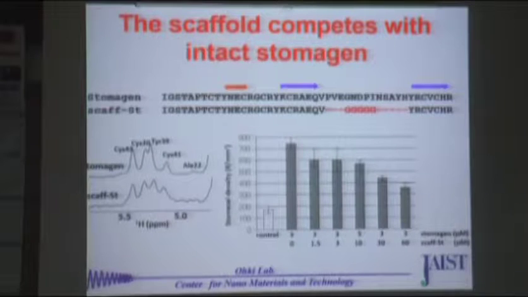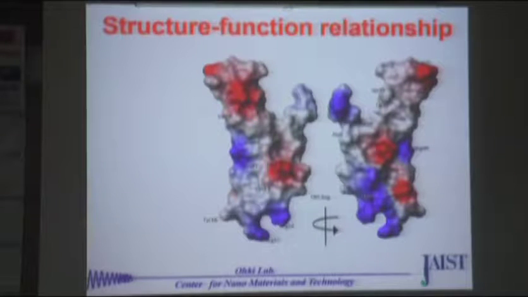What does this mean? The scaffold has some biological function to recognize the target. We think the binding constant is very weak, but the scaffold is necessary to identify and to recognize the target protein.